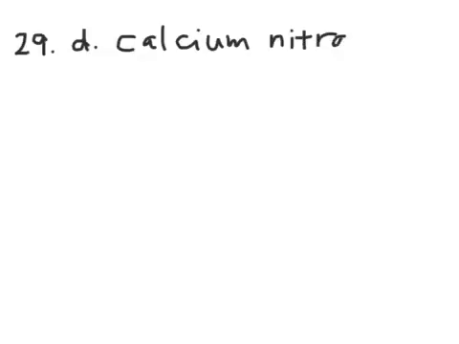Okay, going back to number 29. I'm going to do calcium nitrate. Okay, so calcium, you look it up in the periodic table. It's an alkaline earth metal, group 2A. What is its charge?